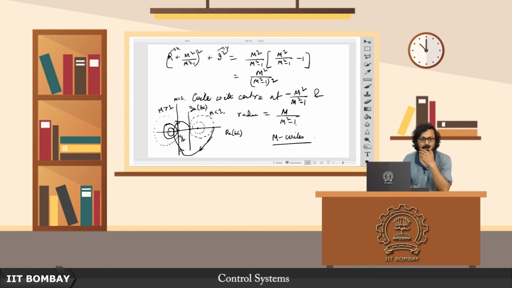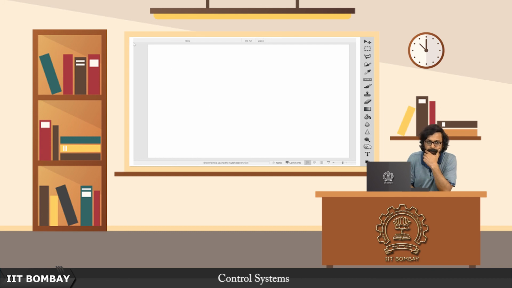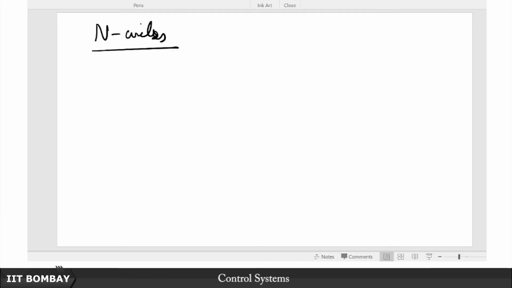By the same token there are also things called n circles. So what are these n circles? Now these were about the magnitude, so n circles are about the phase. I leave it to you as an exercise to derive what the equation of the n circle will be like, but I will just give you some leads into how to approach this.